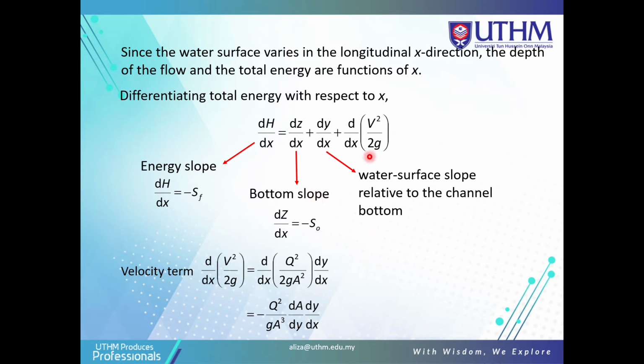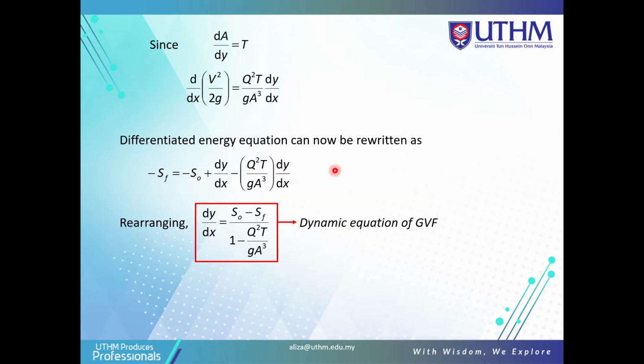This is for theory and explanation. You just need to know that this red line is the dynamic equation used in GVF, dy over dx, which is used in the analysis of GVF.